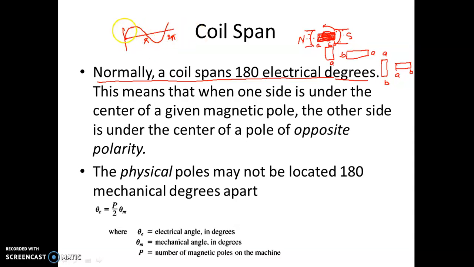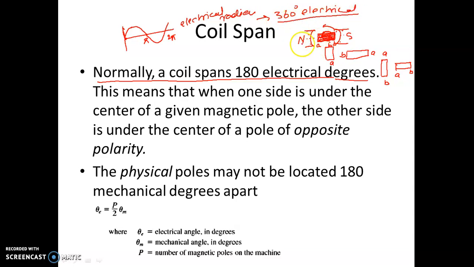This voltage generation over 2 pi means this angle is the electrical radian, or if you convert, 360 degrees electrical.